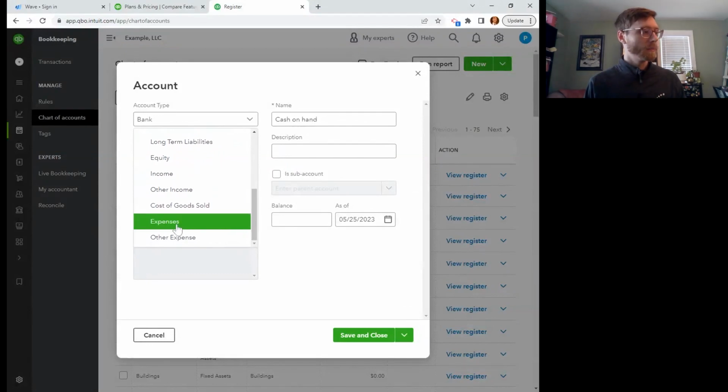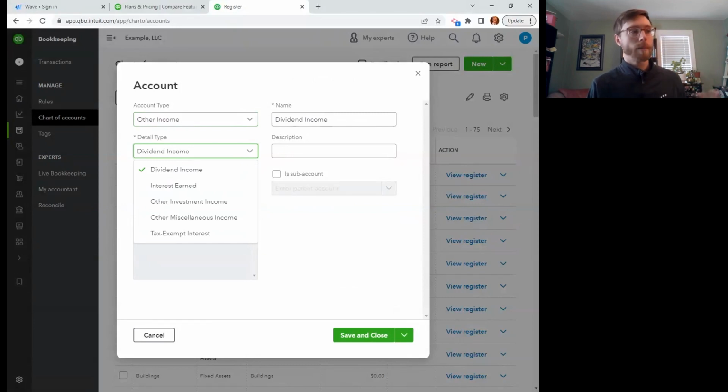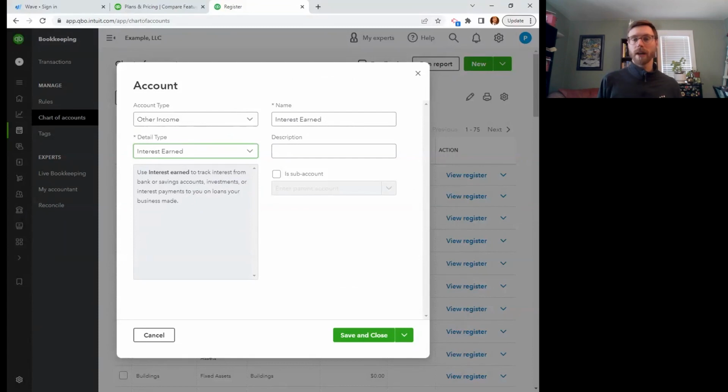But let's say I want to record an other income account. Let's try that. Other income is income that is not earned from the usual operations of the business. If I'm a florist selling flowers, that's how I typically earn income. I didn't get into business to earn interest from my bank accounts, but maybe I have some high interest bank accounts and I get regular interest.